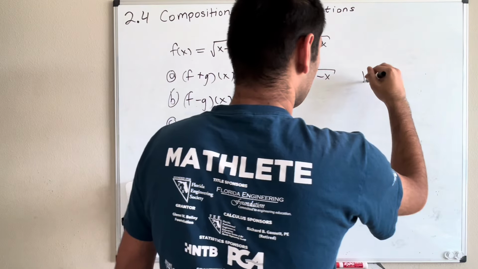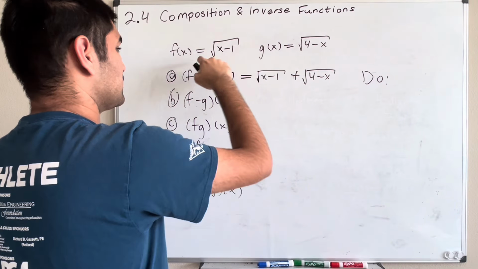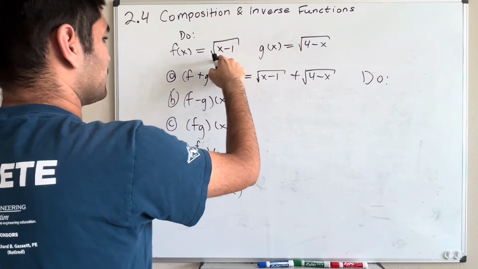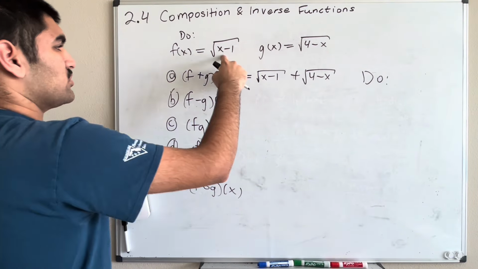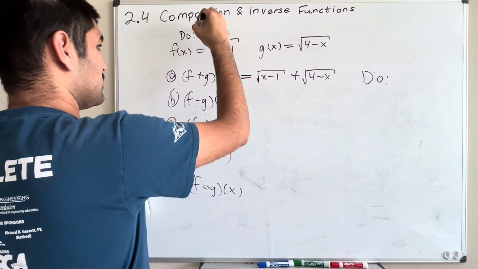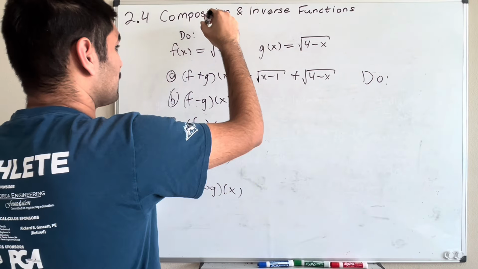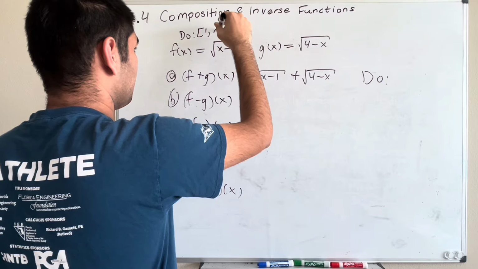The domain for this one would just be the intersection of the domains of f of x and g of x. The domain of f of x is a square root, so you can't have any negative values. It's really just x minus 1 has to be greater than or equal to 0. So the domain would be from 1 included to infinity.